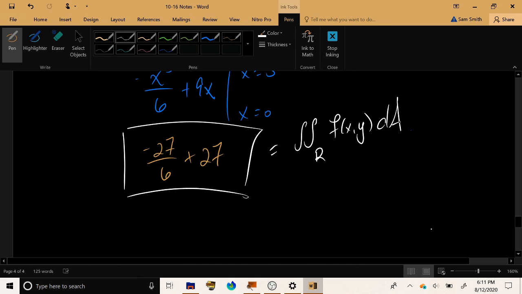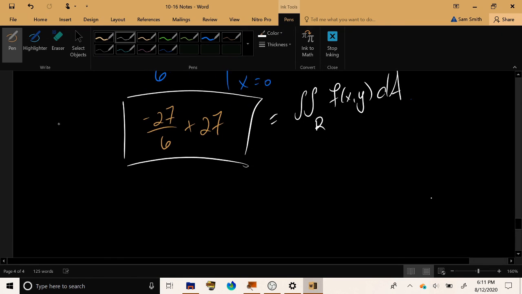But be careful, because what we have calculated as of this moment is not equal to the average value that we were asked for at the beginning of the problem.